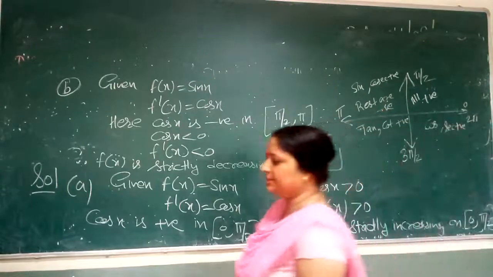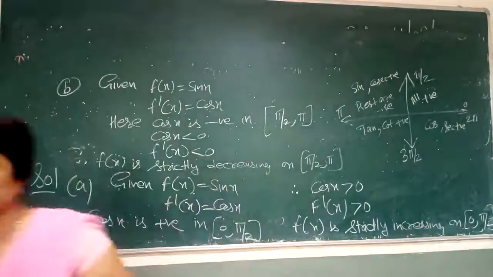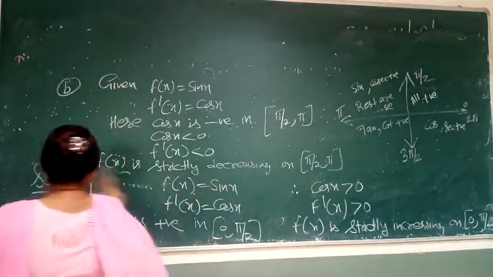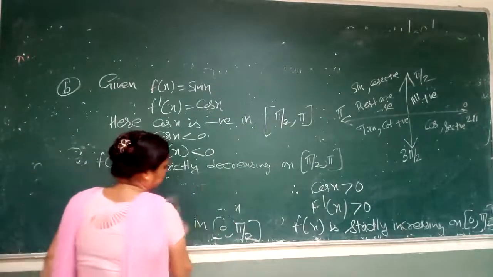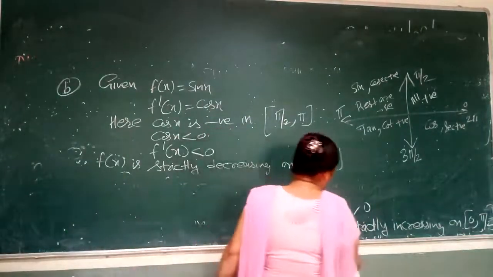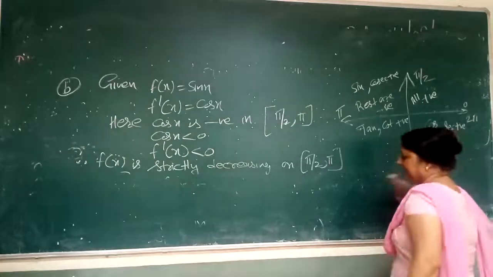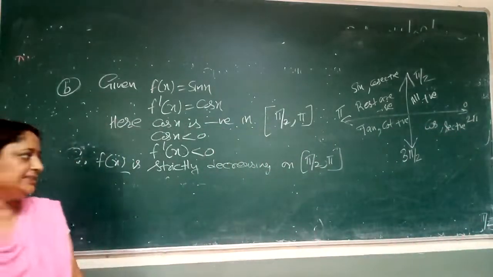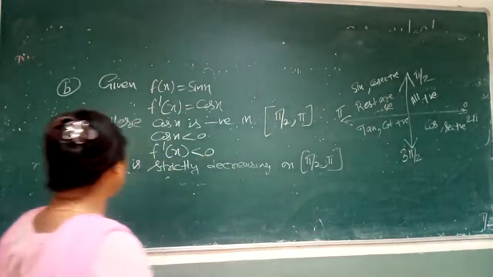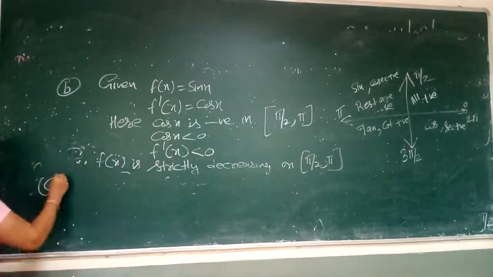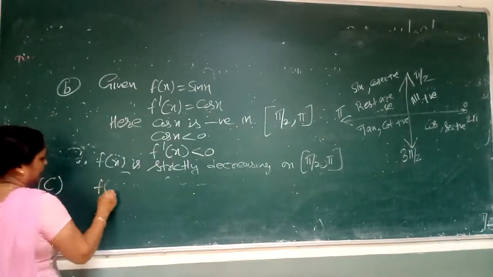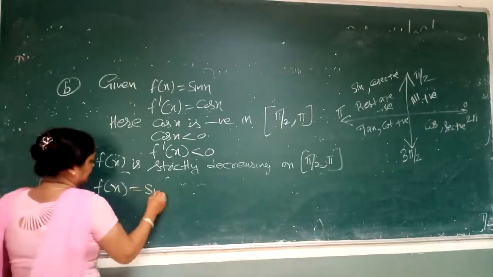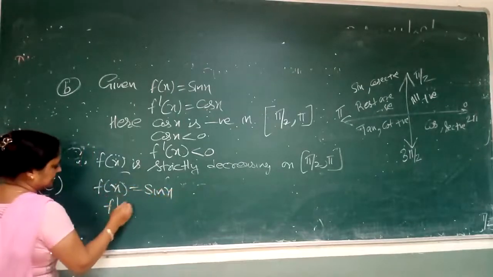In the third part, what is the third? Third part is f of x equal to sin x, and it is neither increasing nor decreasing in the interval 0 to pi. So you can see here f of x is sin x and f dash x is cos x.